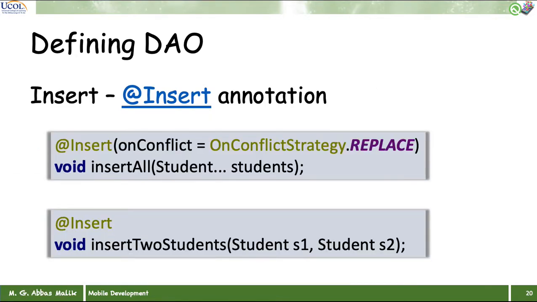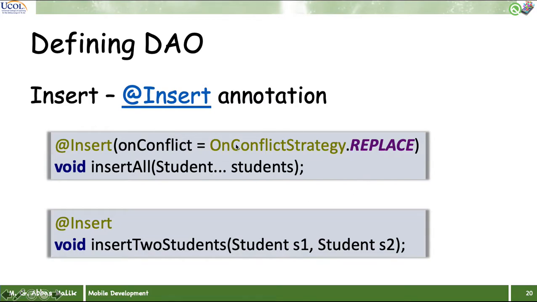Again, here we are defining on conflict. It means we want to insert a new record, but maybe that specific student ID already exists. The default behavior is, because this SID is a primary key, it should be unique, so it will abort and not insert the new record.